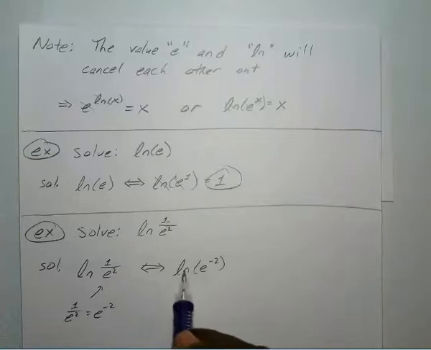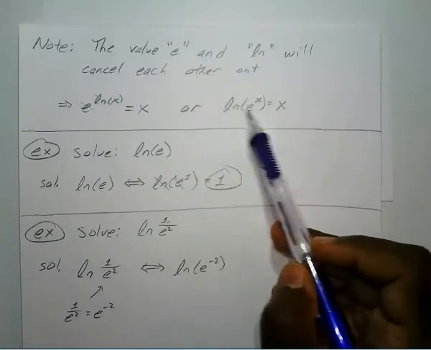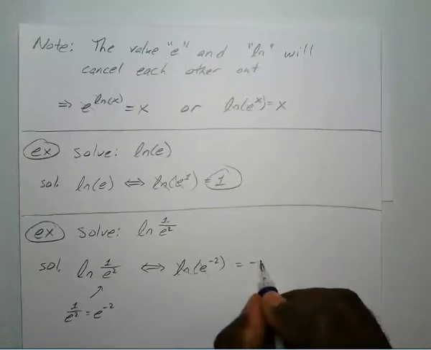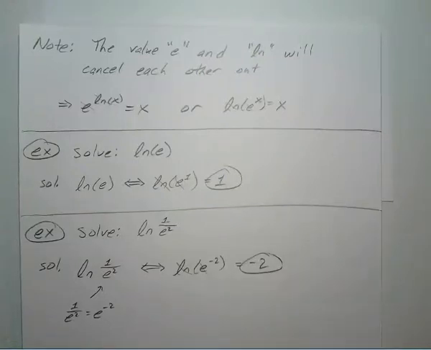So again, noticing up here, your natural log and your e cancel each other out, so you're just left with negative 2. Okay, so that one's pretty straightforward. There aren't too many steps involved in solving those.